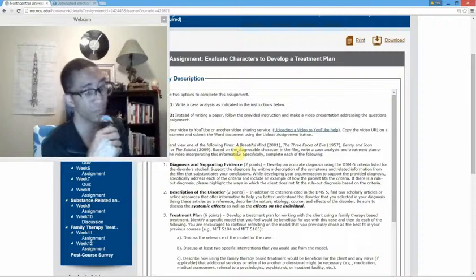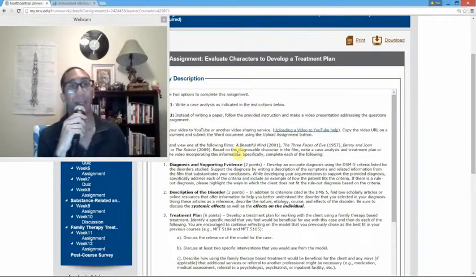But once you progress past the prodromal phase and you're active, the family would know, but the client sometimes wouldn't, that they even have schizophrenia.